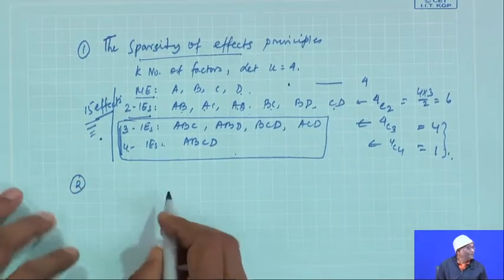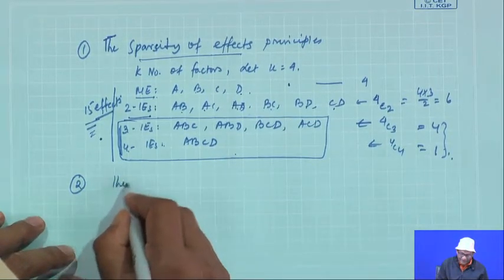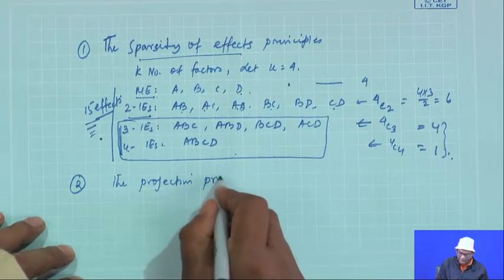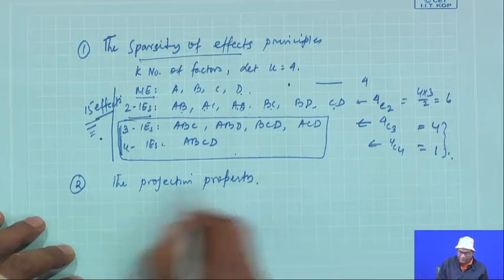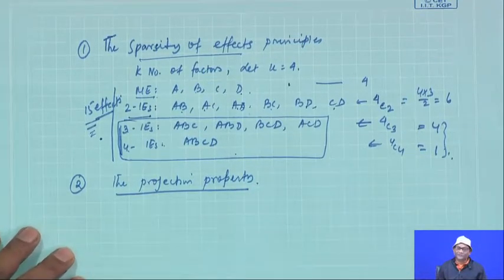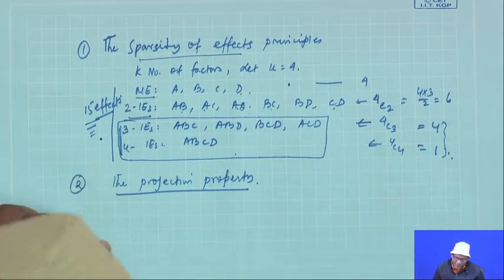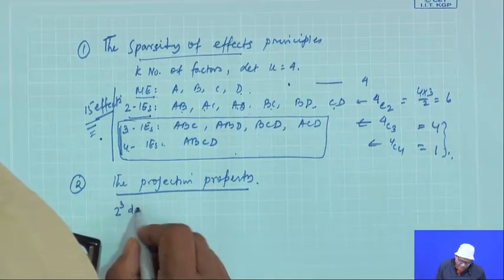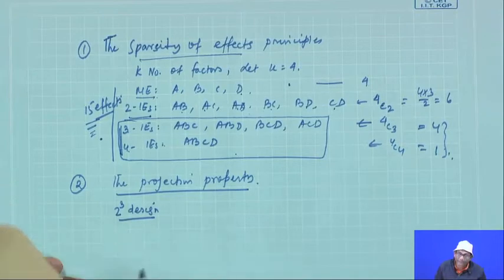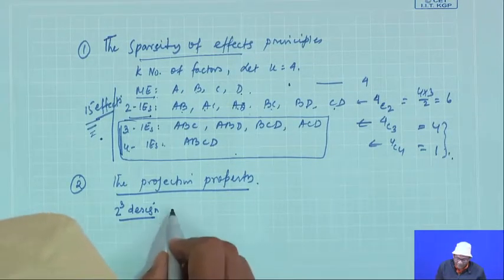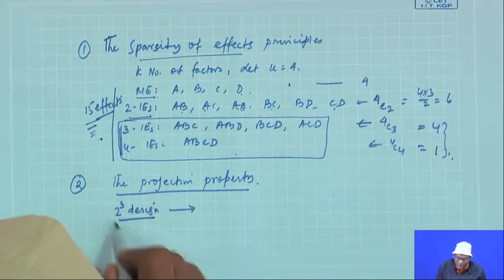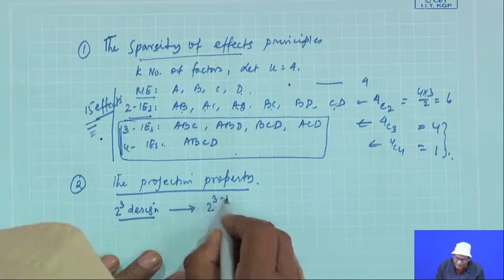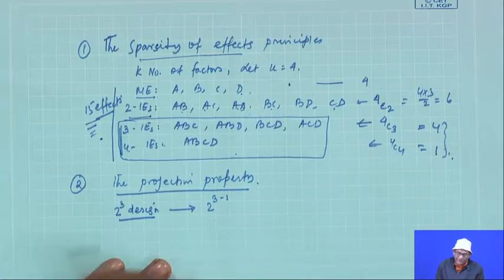The second principle is the projection property. What is this projection property? The projection property means, suppose you consider a 2 to the power 3 design. Now, you consider you are not able to do all runs, so you are going for a 2 to the power 3 minus 1 design.